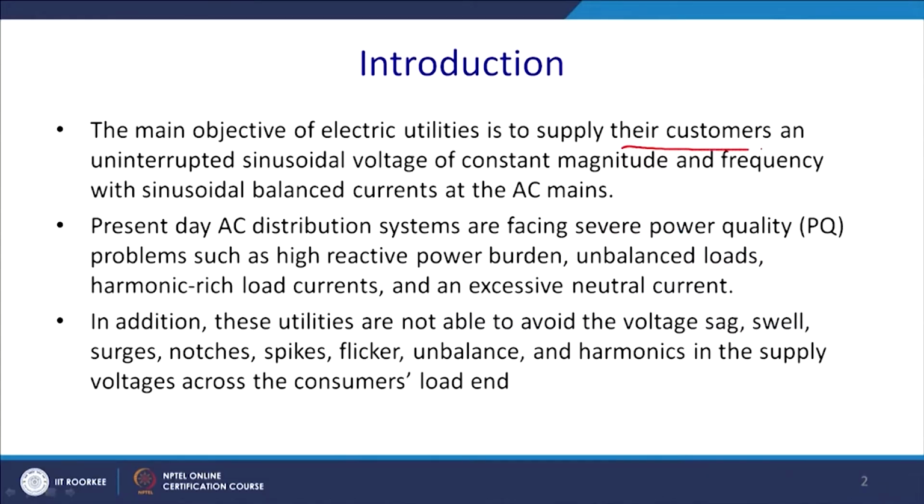The main objective of electric utilities is to supply their customers an uninterrupted sinusoidal voltage at constant magnitude and frequency, with sinusoidal balanced current at the AC mains. So, we require quality power to be available to the customer. That is the responsibility of the power utility companies.